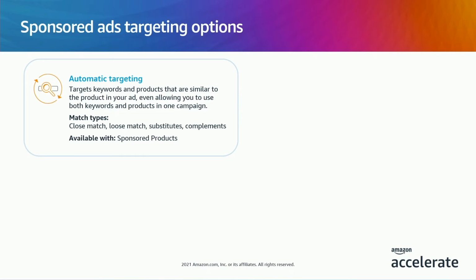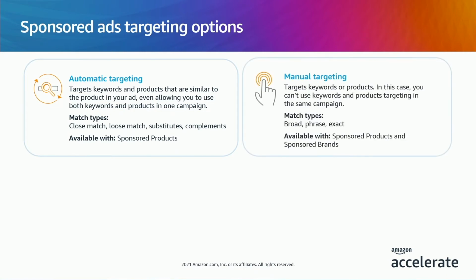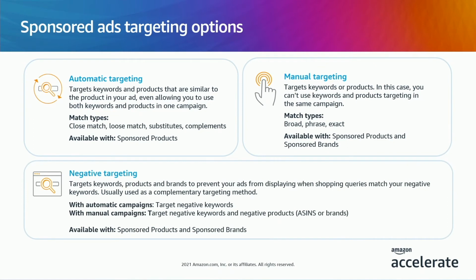With manual targeting, you are able to manually select what keywords or products you want to target. Take into account that you can only use one targeting type per campaign, in this case, keyword or product. Your match types, in this case, are broad, phrase, and exact. And finally, negative targeting is available for your automatic and manual campaigns.